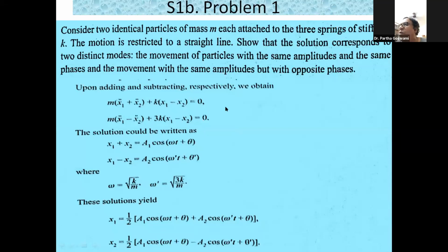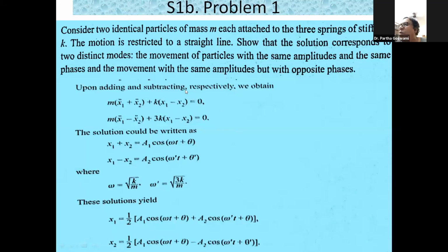And they in turn, adding and subtracting, yield the values of x1 and x2. So one notices that there are two modes of same amplitude, modes meaning eigenfrequencies of oscillation. In one you have plus sign, in the other you have negative sign. One corresponds to same phase oscillation, the other corresponds to opposite phase oscillations. Eigenfrequencies are different.